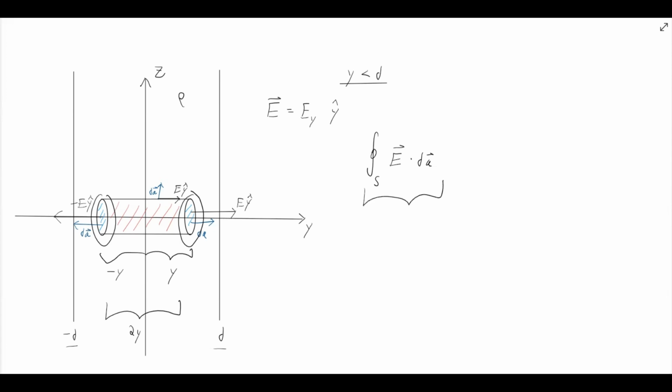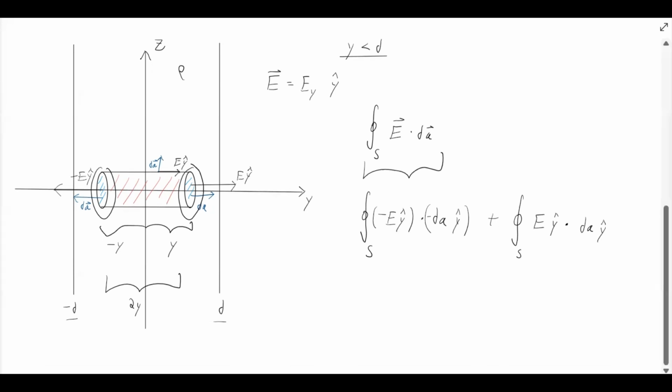So we can view this as 2 separate integrals, one for the face on the left, E times negative dA y hat, plus for the face on the right, E y hat dotted with dA y hat.